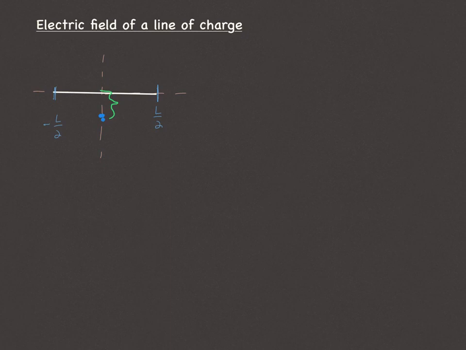The charge of the small wire, we can say, is going to be Q. It'll be positive. And that has a uniform charge density, which means that the total charge over the total length is the same as any small packet of charge over that small section.